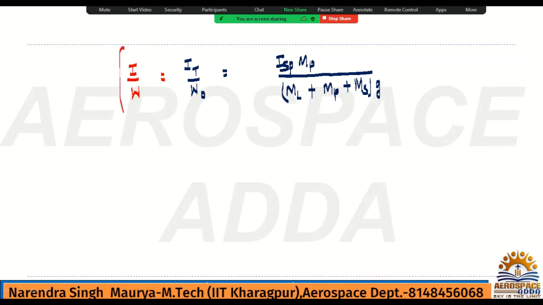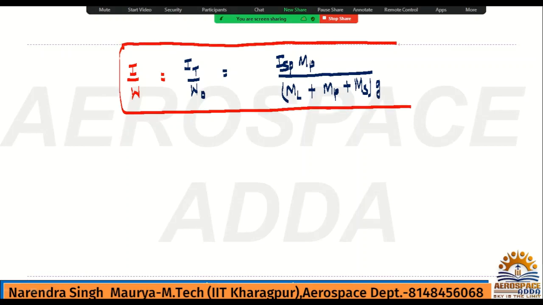Sometimes they will give you the impulse to weight ratio, so you should know what is meant by initial weight. Initial weight means that burning has just started. It is not completed. If burning is completed, then the mass of the propellant MP will be 0.